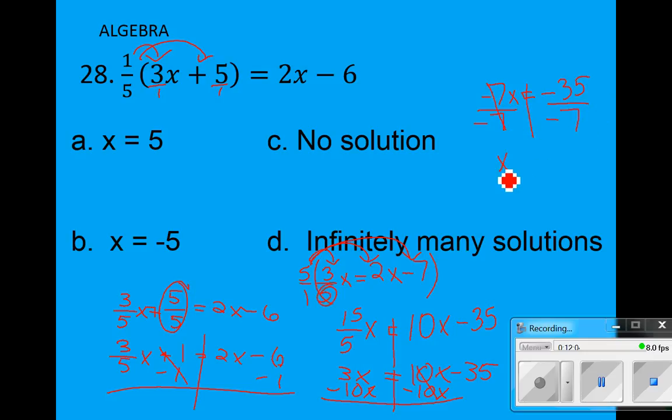X equals positive 5. Therefore, our answer choice is going to be A. If you really looked at this one and struggled, you could look at your answer choices. And it's nice that you only have 5 and negative 5, because I could take those and substitute them in to the x in the whole equation and see which one gives me a true statement.